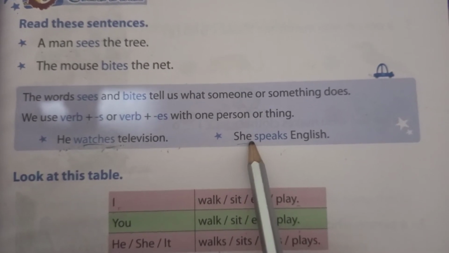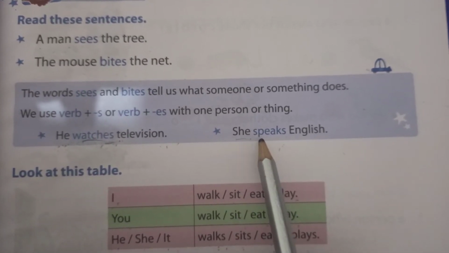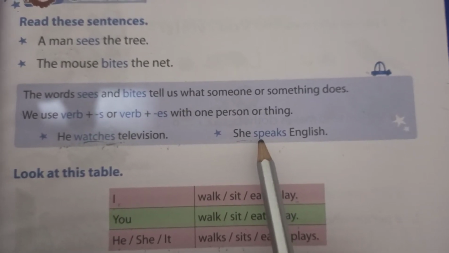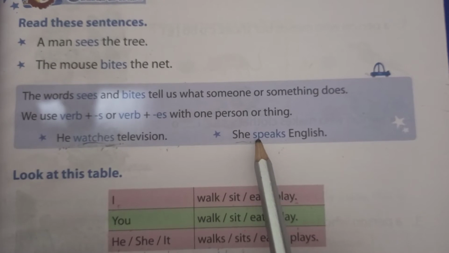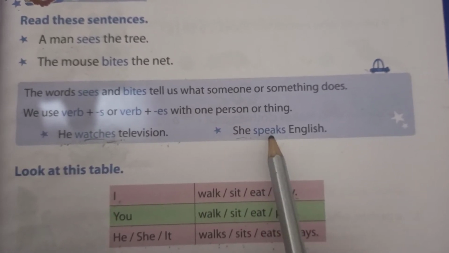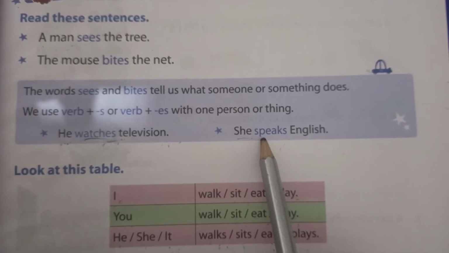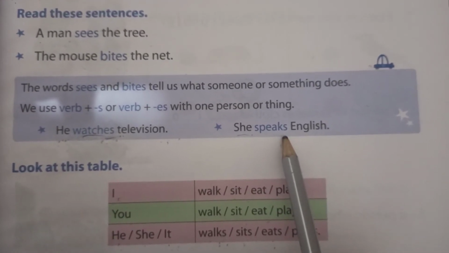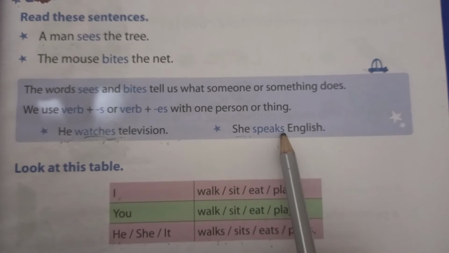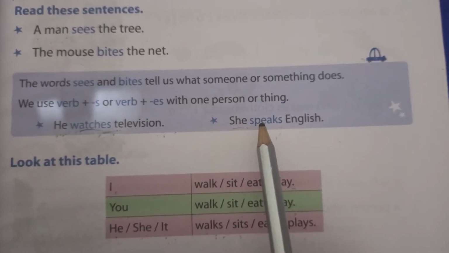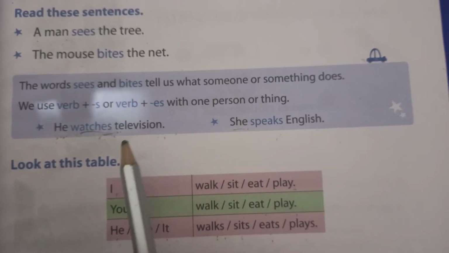So now look at the verb which comes after the singular noun. What is it, children? Yes, speaks. Here the verb comes after a singular noun, so we have added s at the end of the verb. So when a verb comes after a singular noun, what do we have to add? Yes, we have to add s or es to its end.